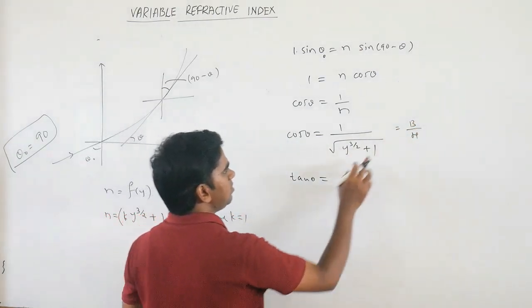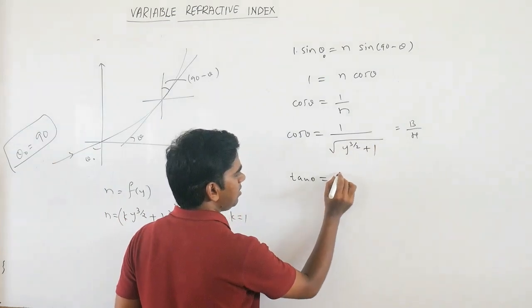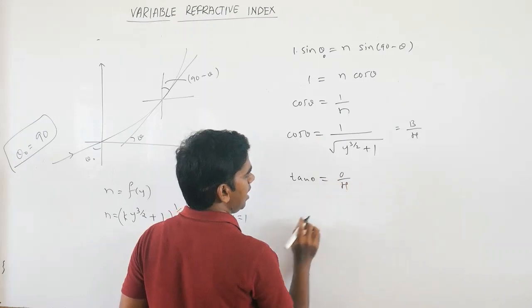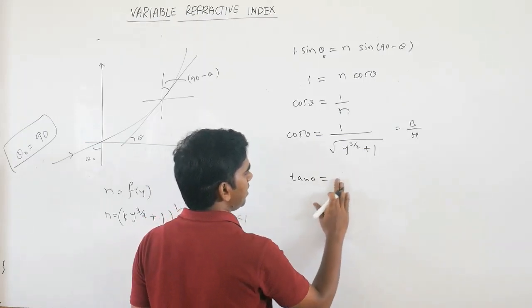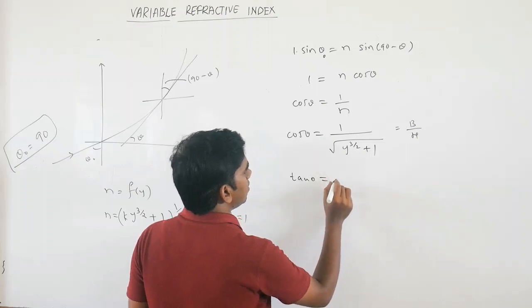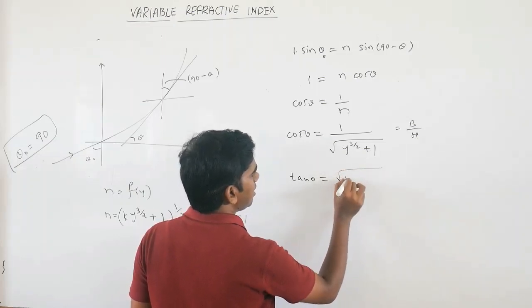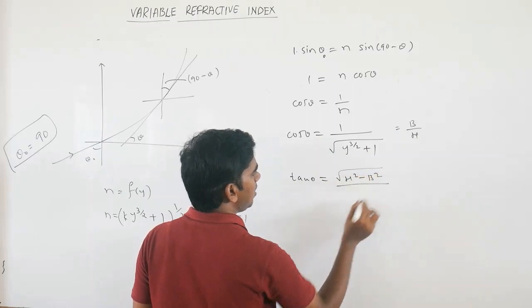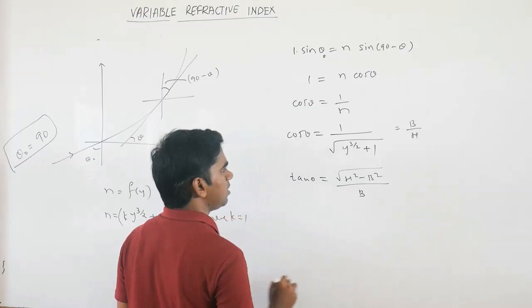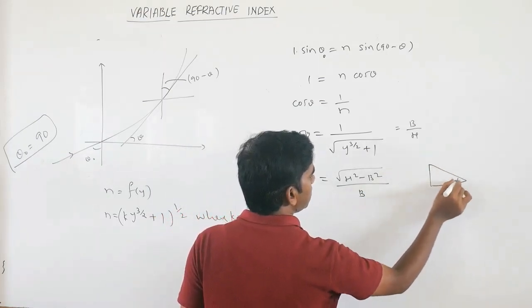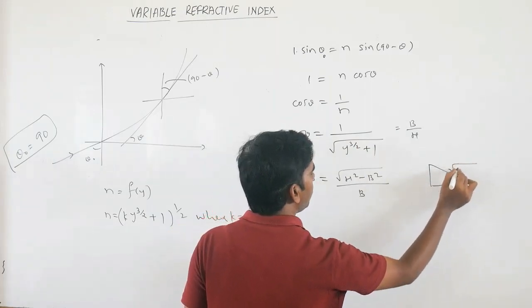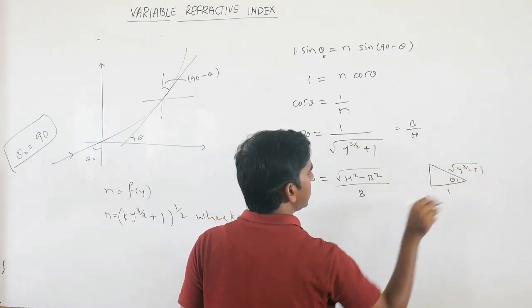Tan theta is opposite divided by base. Opposite you can write as root of hypotenuse square minus base square. Now cos theta is 1 by y raised to 3 by 2 plus 1, so base is 1 and hypotenuse is y raised to 3 by 2 plus 1.